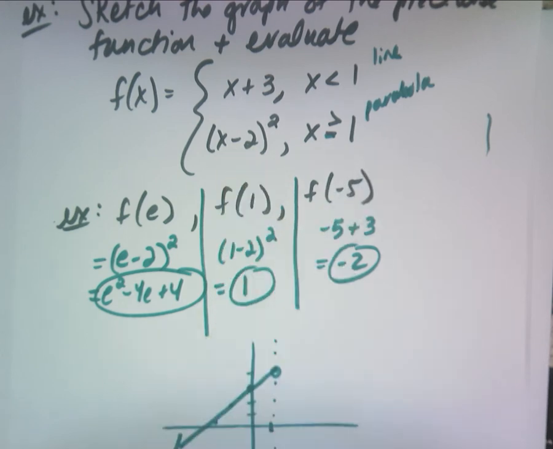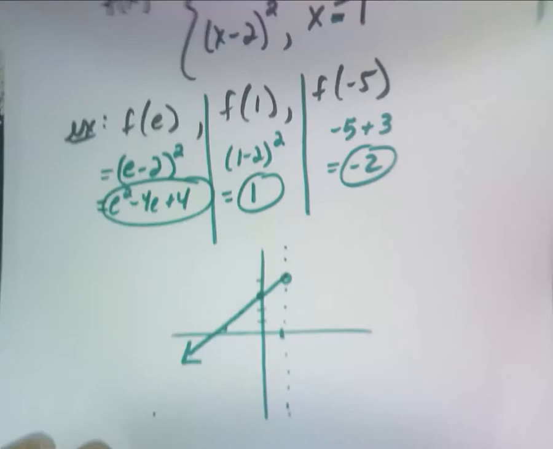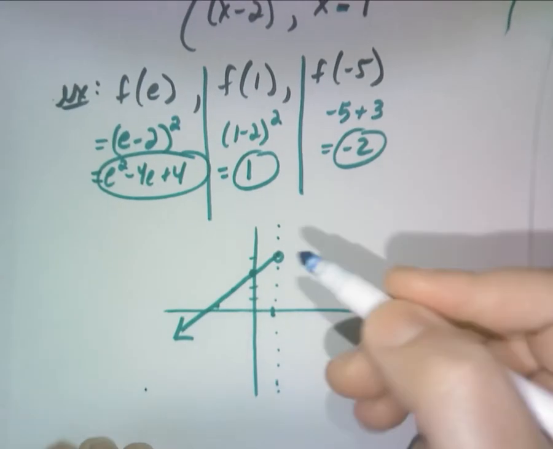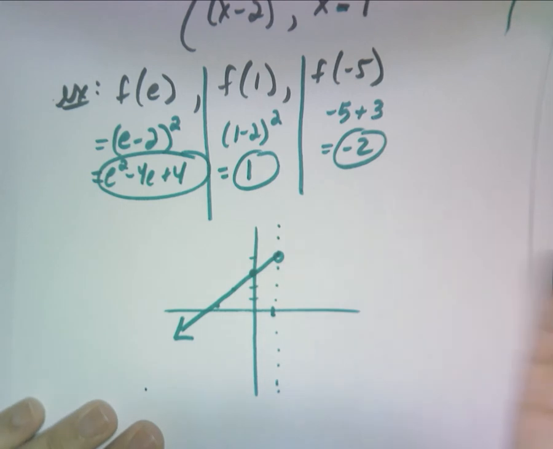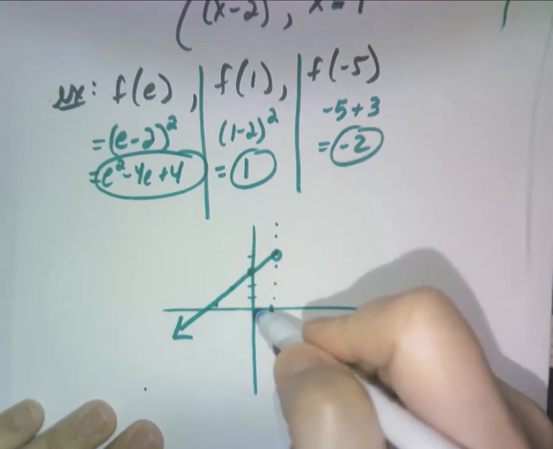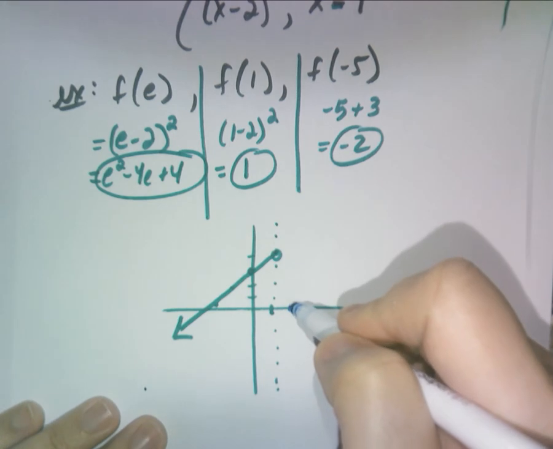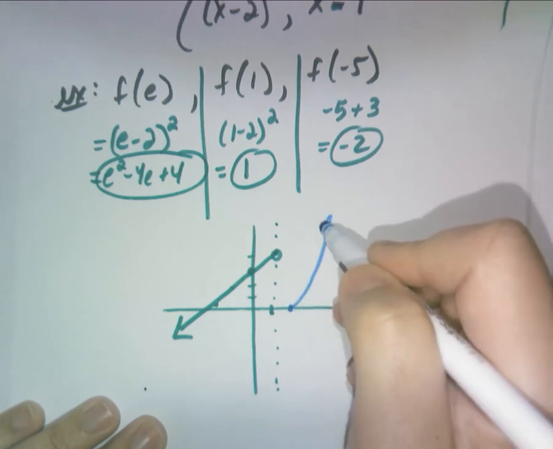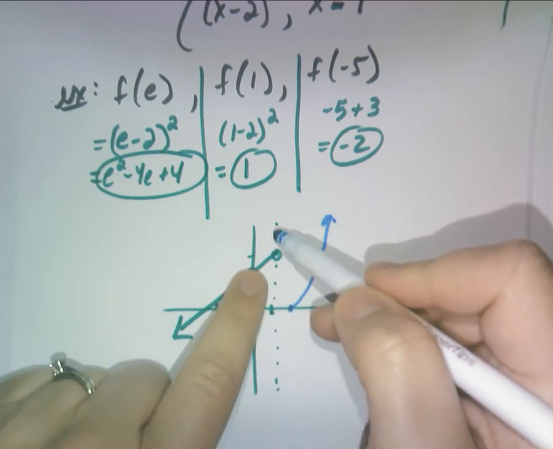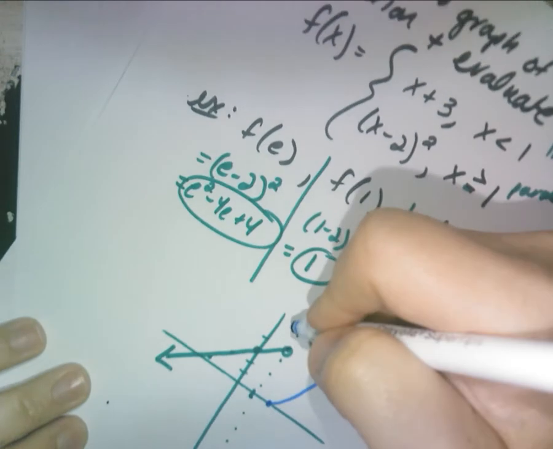Okay, so we know that the vertex of this parabola is to the right too. So we have 1, 2. And then we know that it's going to go in a parabolic shape. But don't forget, you still have to go to this fence right here.